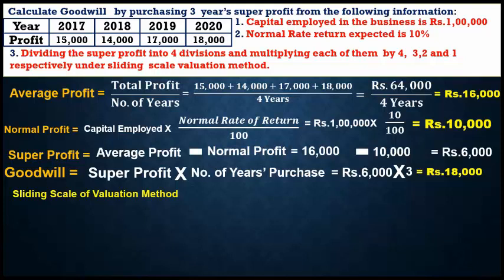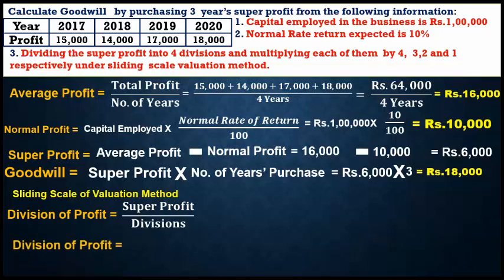Okay, now the sliding scale of valuation method. How to calculate the goodwill under sliding scale? First I have to calculate the division of profit. What is the formula? Division of profit is equal to super profit divided by divisions. What is the super profit calculated in this problem? Rupees 6,000 divided by divisions.